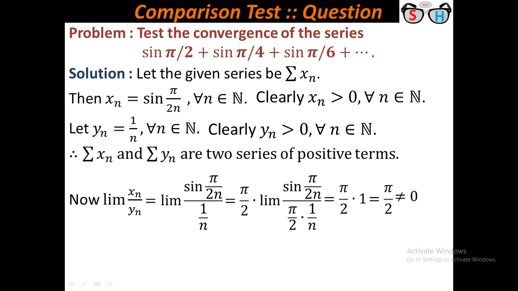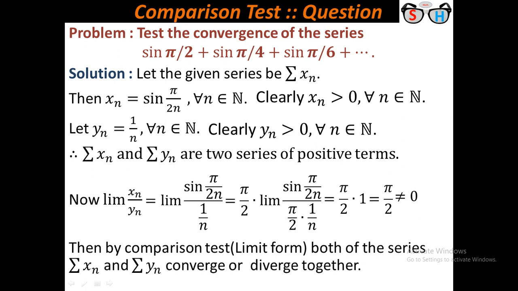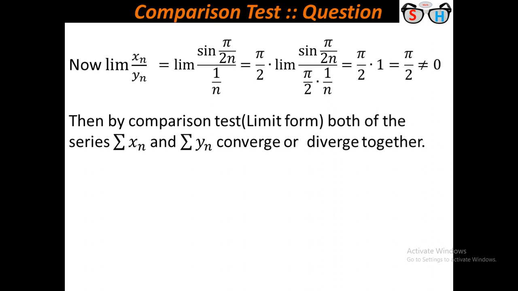So by the convergence test in limit form, you can conclude that both of the series xn and yn converge or diverge together. You have to check the nature of yn, but here yn is summation 1 by n. You know about the series summation 1 by n.